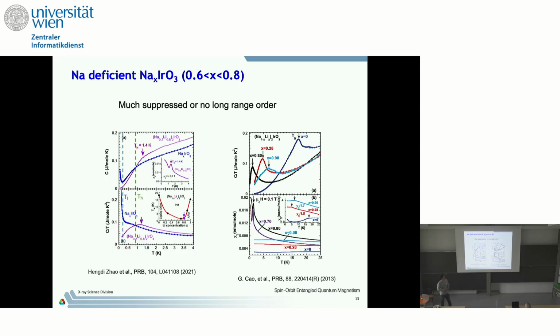Then the sample grower suppressed the long-range order of sodium iridate. As you can see, the heat capacity doesn't show any transition, unlike sodium iridate. We studied this system with the expectation that we could see some difference from sodium iridate.